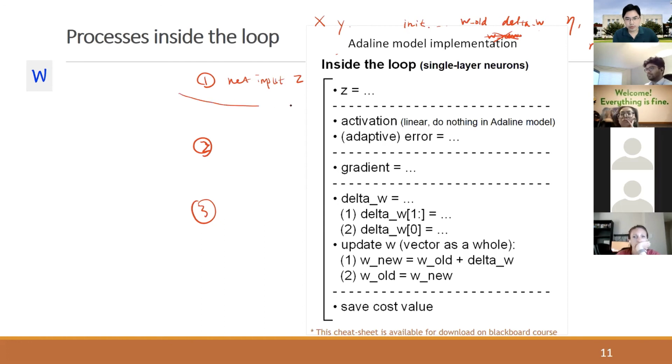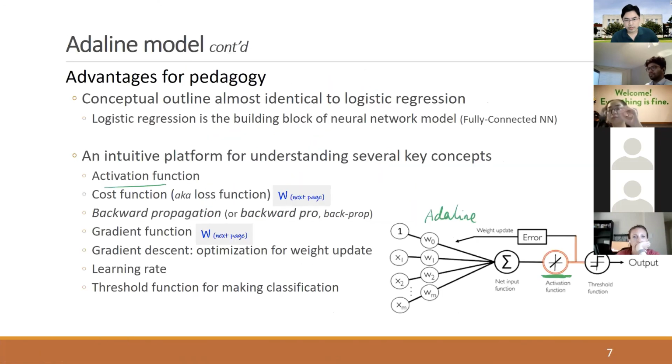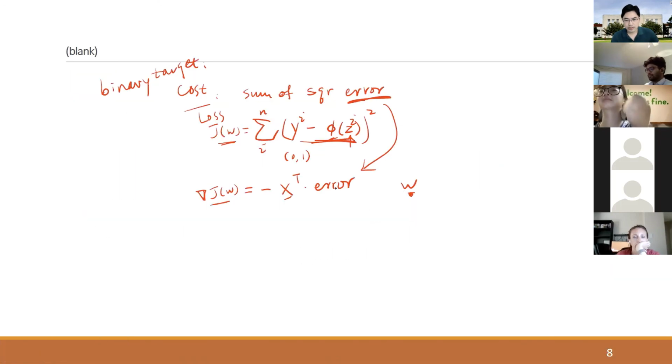So that's more of the first, before the first dash line. The second part is the activation, by which we also calculate the error, because recall that previously I said error is the difference between the Y label and the activated value.